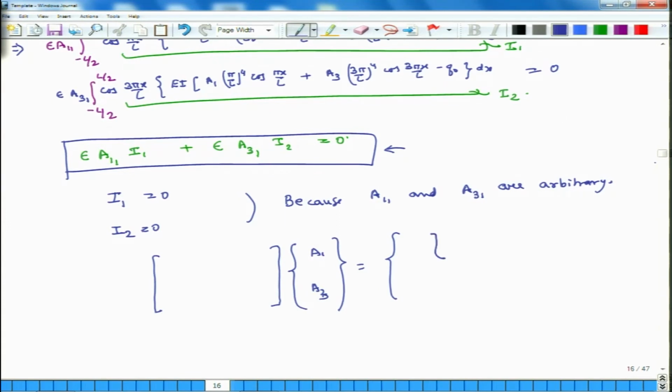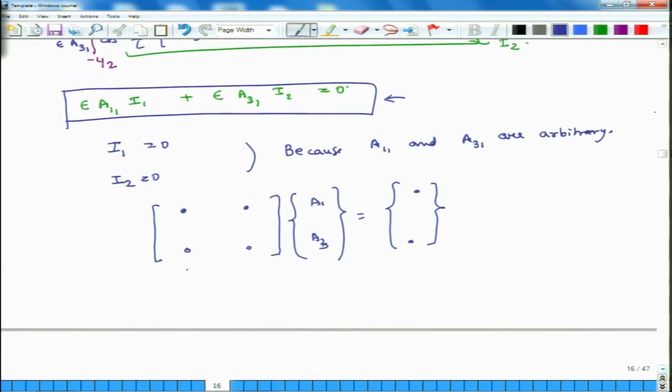You will have a 2 by 2 matrix multiplied by the vector A1 A3, and on the right side you will have another matrix. This is called the stiffness matrix, and this is called the force vector.